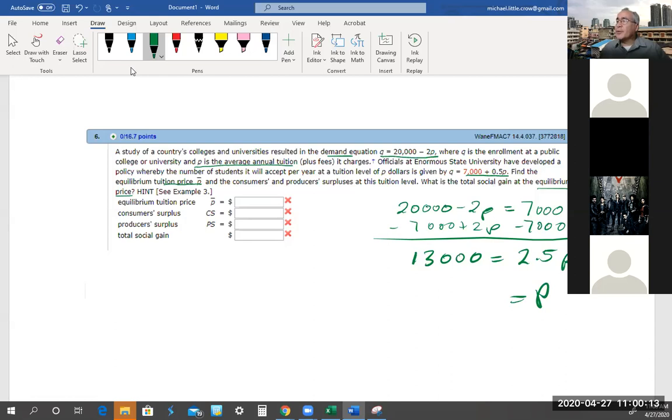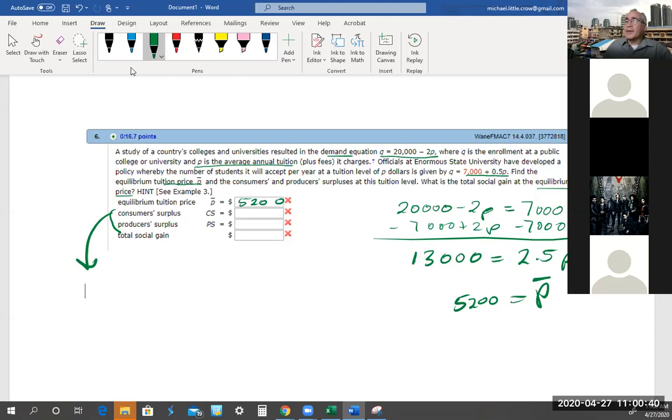Divide both sides by 2.5. What's that? 5,200. Thank you. And again, that's going to be our P bar. We could put that right here. And then for consumer surplus, we're going to use the demand equation.